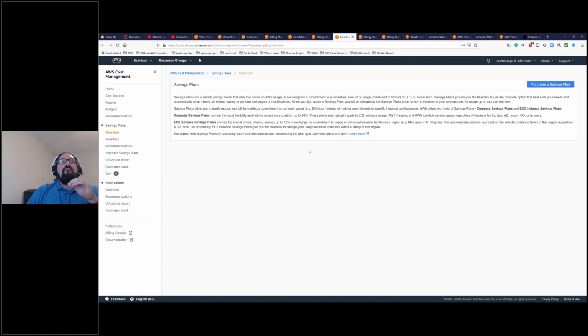For example, the compute savings plans automatically apply to EKS and ECS Fargate, as well as Lambda, as well as EC2 usage, and you can spend it across your entire account. So savings plans are new and very interesting. As we learn more about them, we'll talk about them, but they're also going to show up in the costing on AWS financial management class. So just be aware of that.